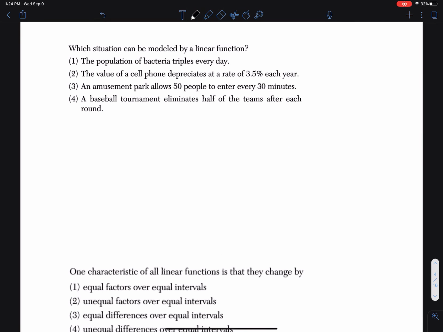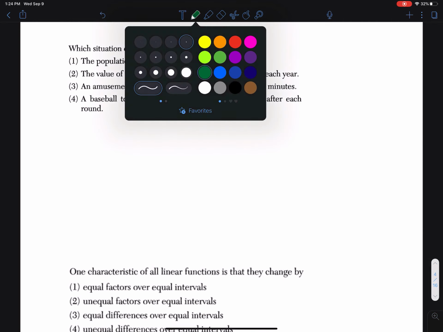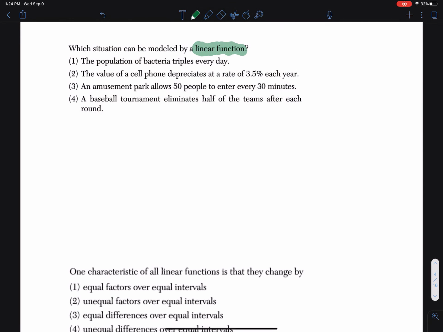Which situation can be modeled by a linear equation? If it can be modeled by a linear equation, what can be said about the scenario? Well, what defines a linear function? It has a constant, a constant what? Rate of change.